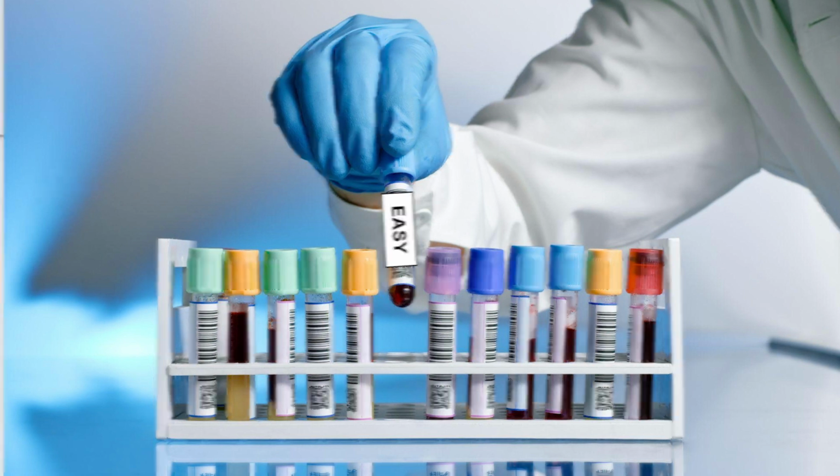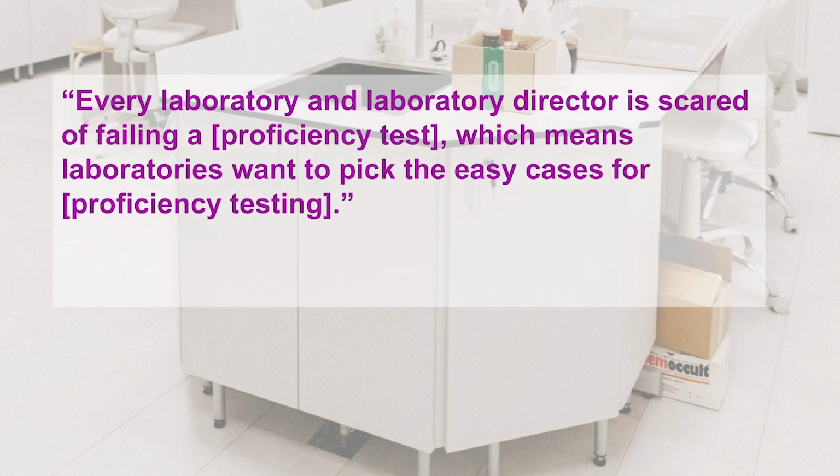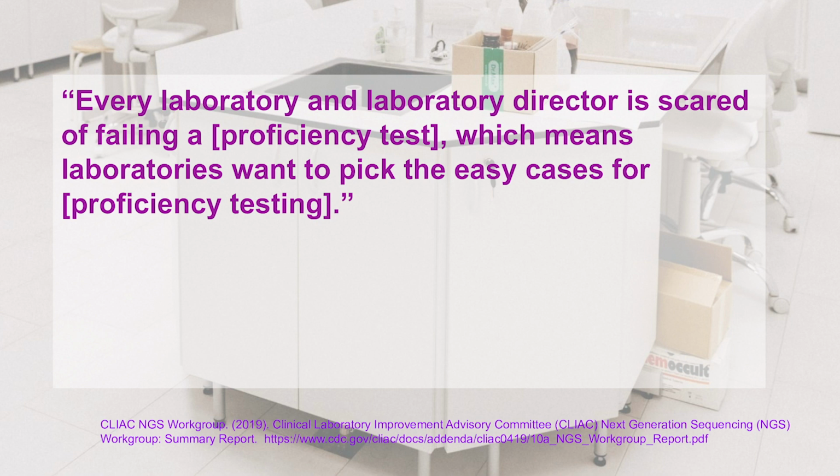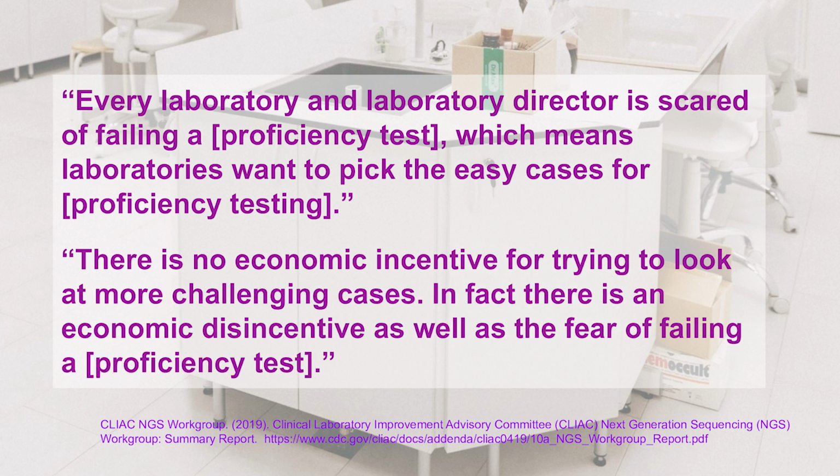Labs can effectively choose the difficulty level of samples they use for proficiency testing, and most labs choose the easiest samples. The US government's CLIA Improvement Advisory Committee sent out anonymous surveys to next-gen sequencing laboratories. One of the many confessions was, quote, "Every laboratory and laboratory director is scared of failing a proficiency test," which means that laboratories want to pick the easy cases for proficiency testing. And quote, "There's no economic incentive for trying to look at more challenging cases.